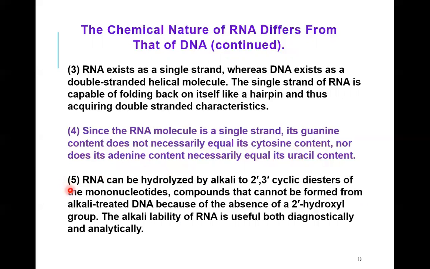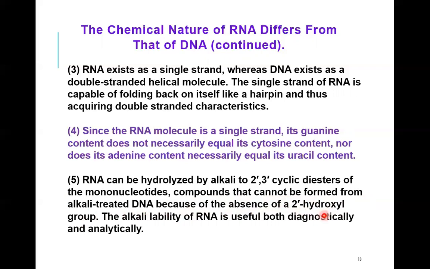Number 5, RNA can be hydrolyzed by alkali to 2,3 cyclic diester of the mononucleotide, a compound that cannot be formed from alkali-treated DNA because of the absence of the 2-deoxy group.